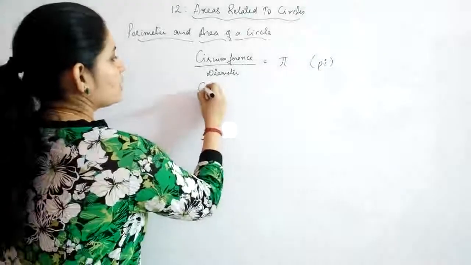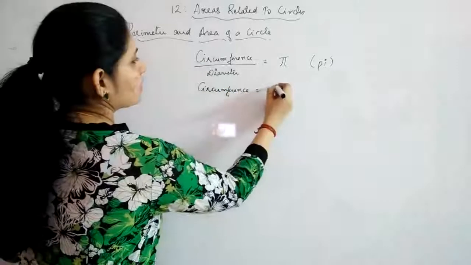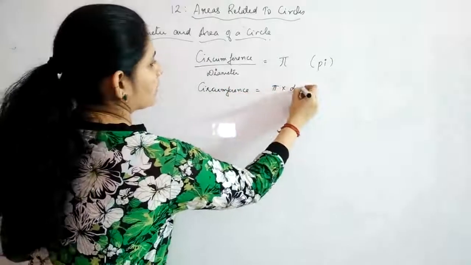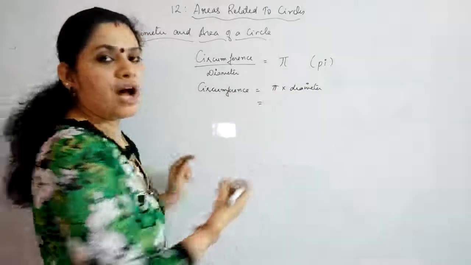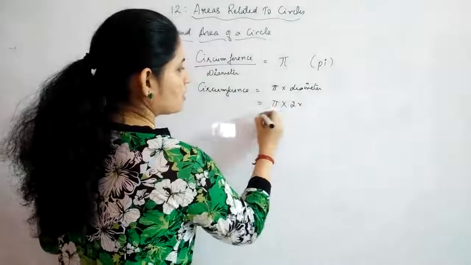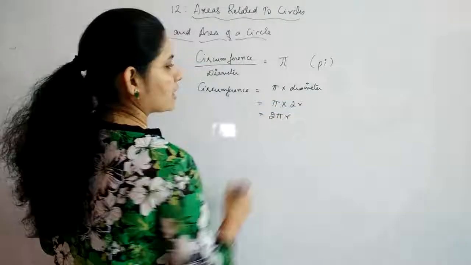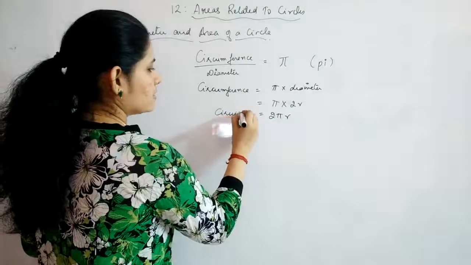And so the circumference will be pi into diameter. If r is the radius, then diameter is 2r, so you will get pi into 2r. So your circumference is 2 pi r, where r is the radius of the circle.